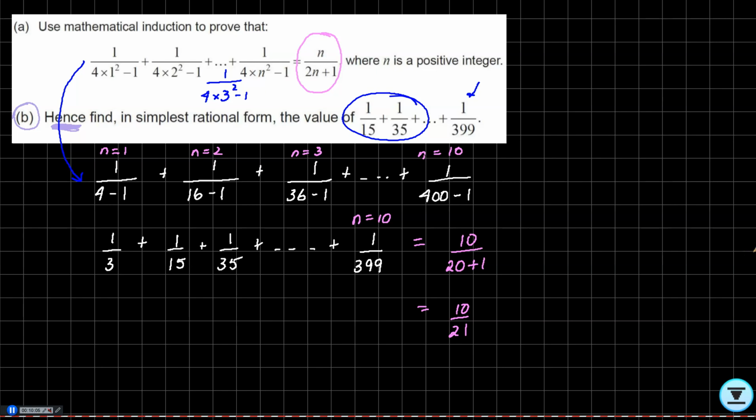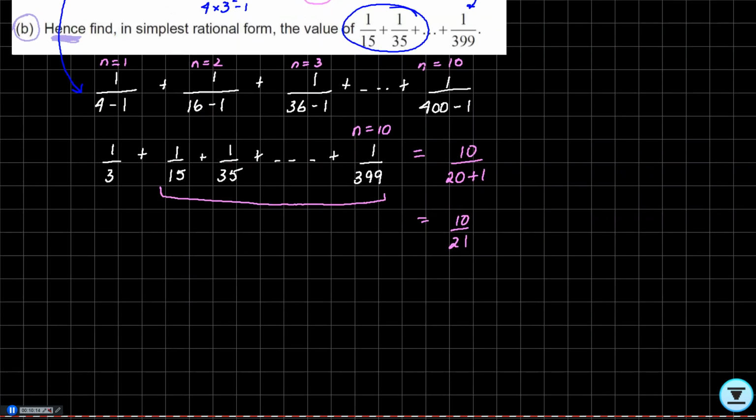However, the question isn't asking me for all of this, is it? It's only asking me for this. Which means, therefore, if I'm looking at 1/15th plus 1/35th, all the way up to 1 over 399, well, that's going to be your 10 over 21, but I'm going to have to subtract the 1/3.